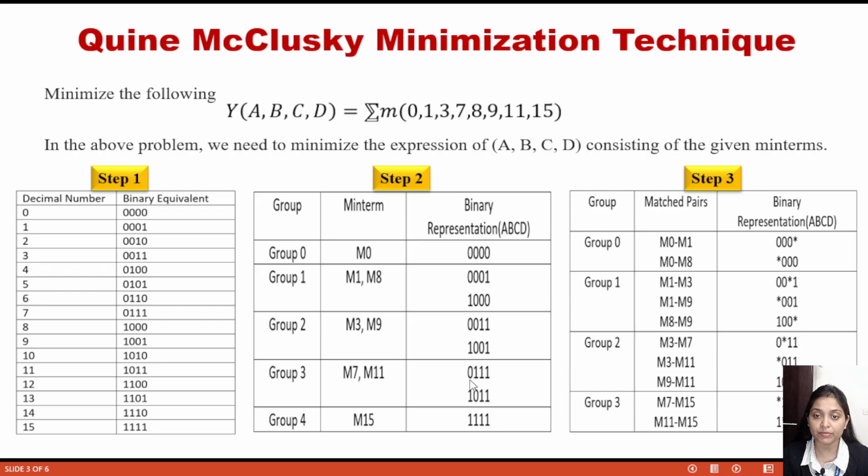So only in the most significant bit there is a change. So we will write star 111. Then M11 and M15. M11 is 1011 and M15 is 1111. Only the second bit changes. So we will write 1 star 11.